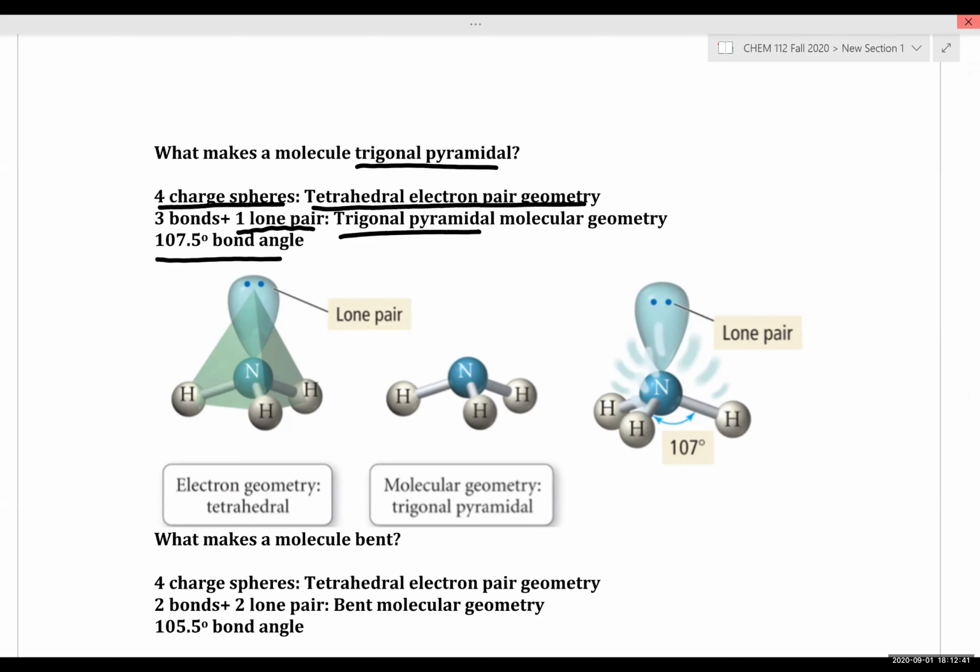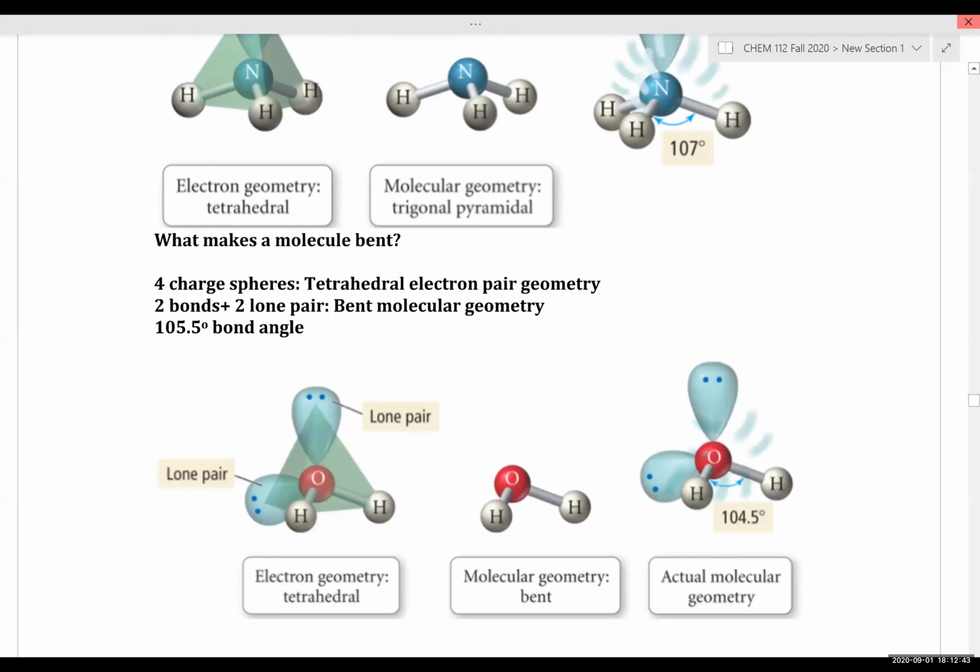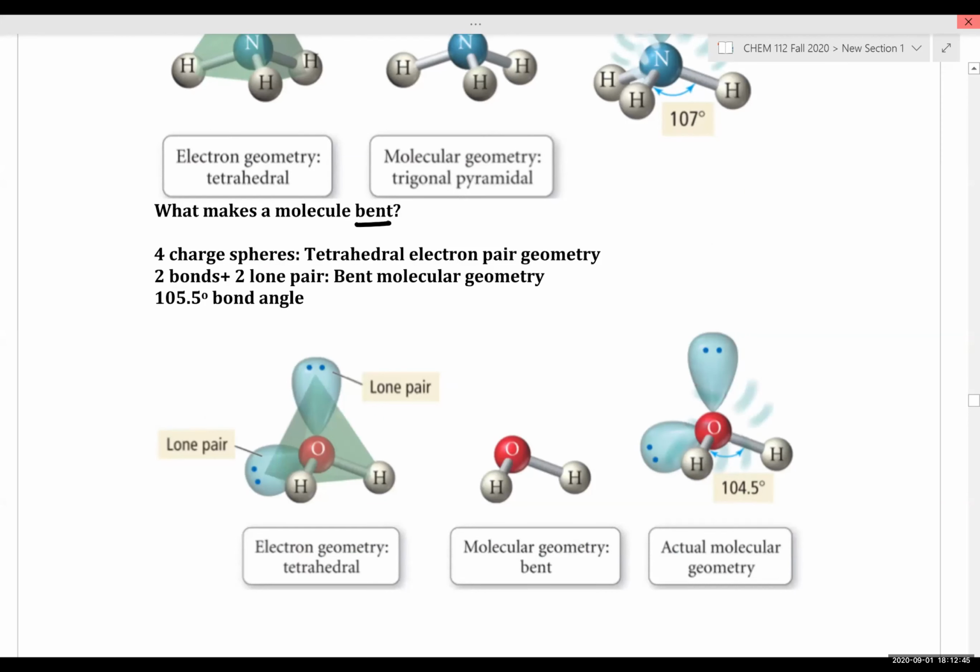The next tetrahedral variant is the bent variant. The bent variant has 4 charged spheres, and this time we have 2 lone pairs. This in turn leads to a 105.5 degree bond angle. Now there's some variance in the textbooks. How much does a lone pair actually affect the bond angle?